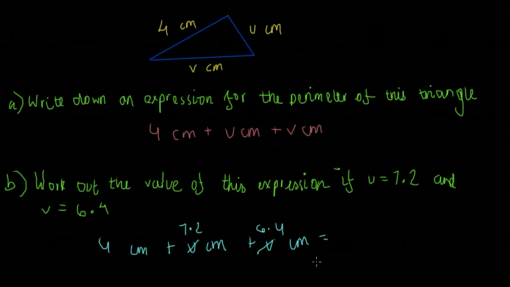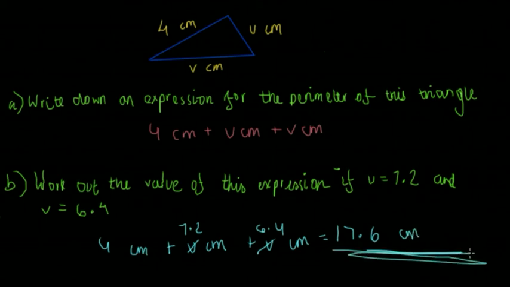This, because we put an equal sign at the end, after we work it out, is an equation. We'll have a deeper look at equations in the next video. So if we add up 4 plus 7.2 plus 6.4, that gives us 7.6 centimeters. So that was our answer to part B.